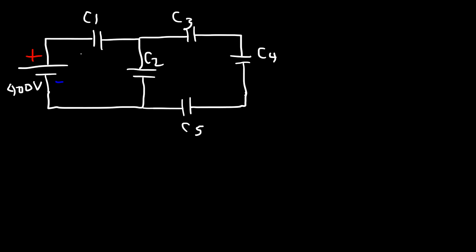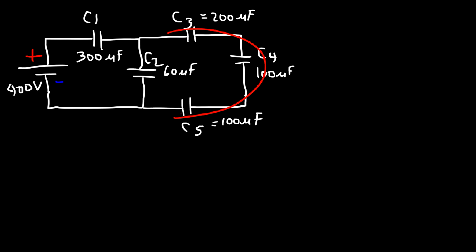Let's say that C1 is 300 microfarads, and C2 is 60 microfarads. Let's make C3 200 microfarads. C4 is 100, and let's make C5 100. Calculate the charge on every capacitor as well as the voltage across each capacitor.